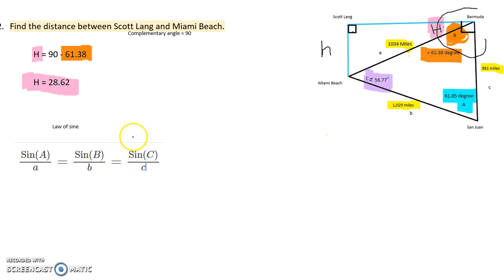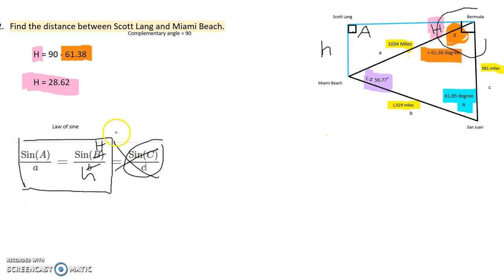As we know, since we already know this side is 1034 and this side is represented by a, let's assume that this angle is also represented by big A. And then with the side h and angle H, we input these two into the sine of B, in which instead of B it would be H, and then we just forget about this one, since we just need this.